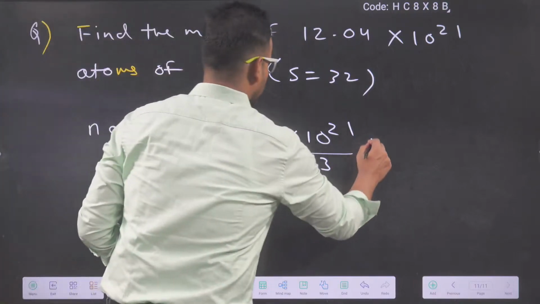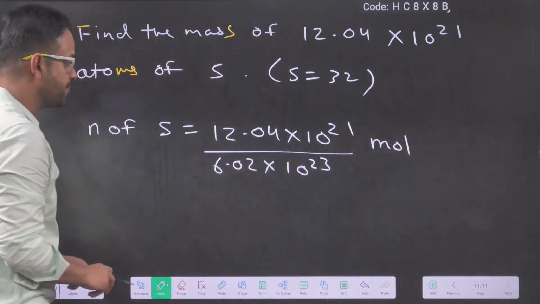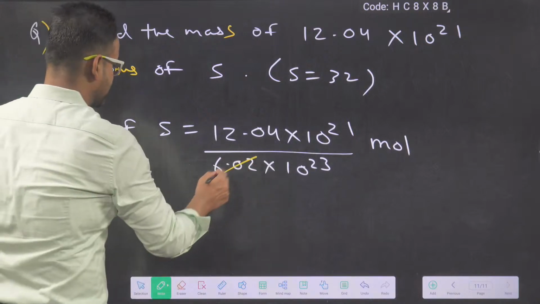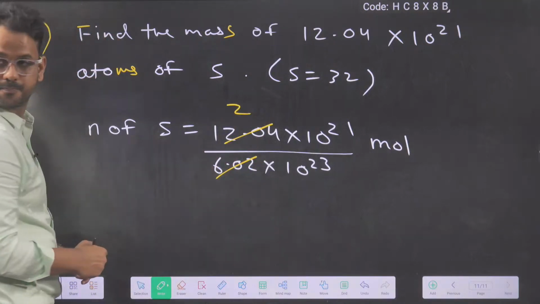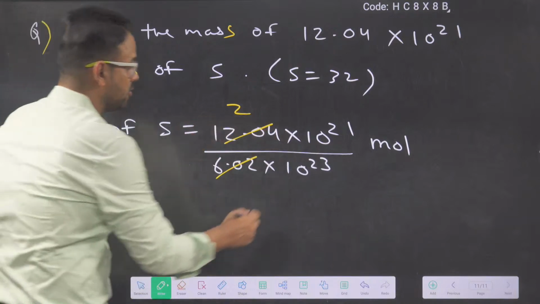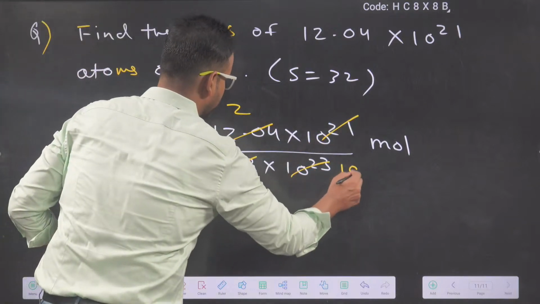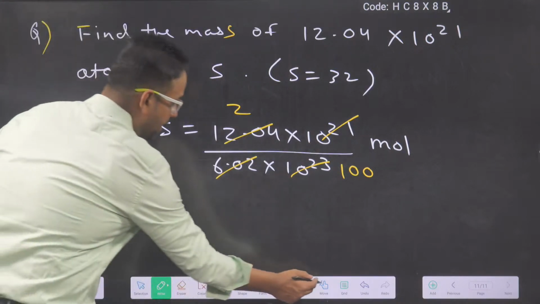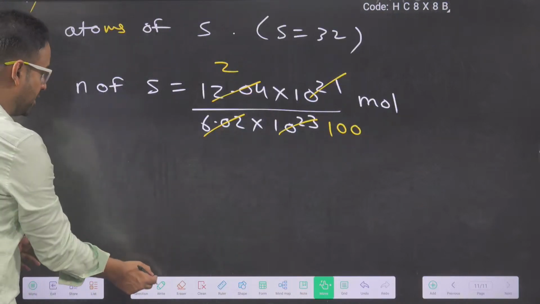So per mole goes up. This cancels this 2 times. And 21 is above, 23 is below. So this cancels 100 times. So this is 2 by 100. I'm leaving it like this only.